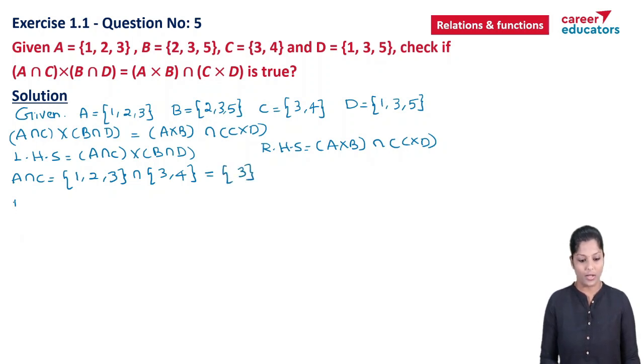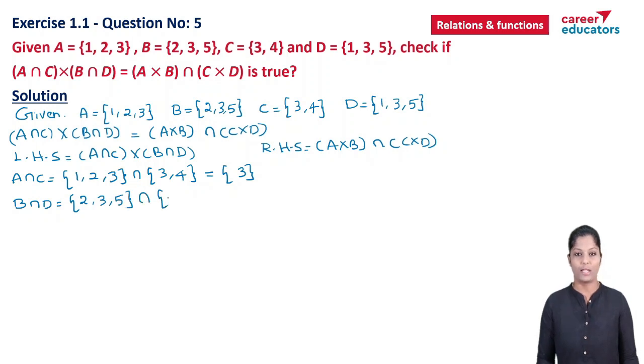Next, we have to find B intersection D. Write all the elements of B, 2, 3, 5. Intersection, write all the elements of D, 1, 3, 5. To find B intersection D, we have to write the common elements in both B and D. If we compare, we will get 3 and 5.